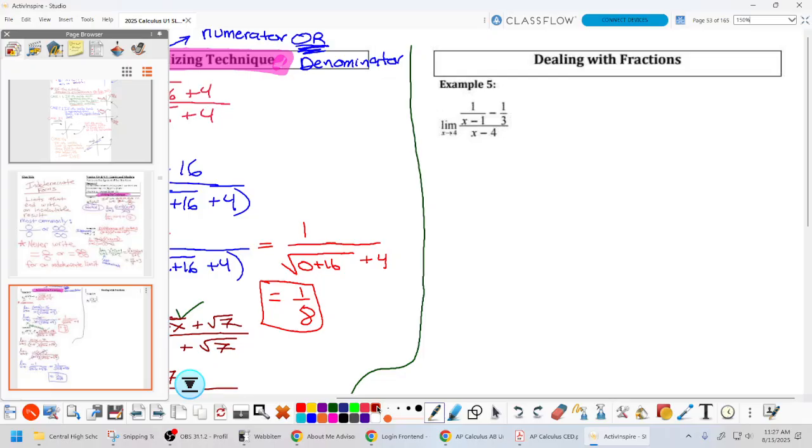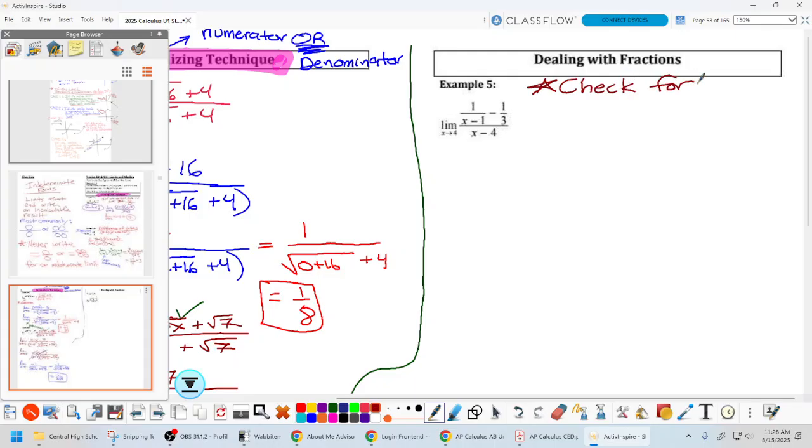what's the word? Indeterminate. Guys, how frustrated would you be on your AP test if you started doing a bunch of algebraic manipulation and it actually could have just been substituted? Right? So get in the habit of checking if it's indeterminate first. This one is very easy to check. You can call it just a visual check.